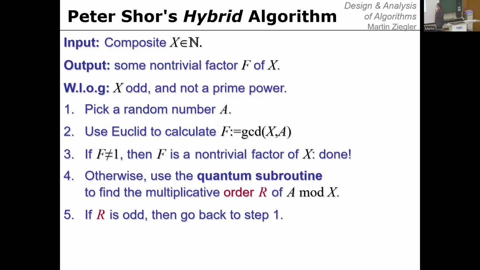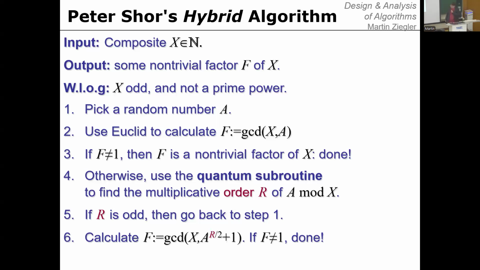So far, everything has been a classical number theoretic algorithm. If the order is even, then the order divided by 2 is an integer. We can raise a to that power, always modulo x, so that raising it to the power doesn't blow up. All numbers will be between 1 and x, because we always take the modular remainder with respect to x.